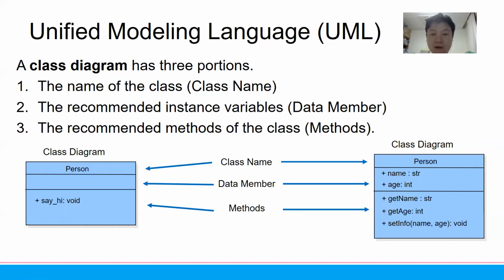And we have methods for this person: get name, get age, and set info with two parameters. Basically, you can define your own methods and your own data members, depending on the class that you want to develop.